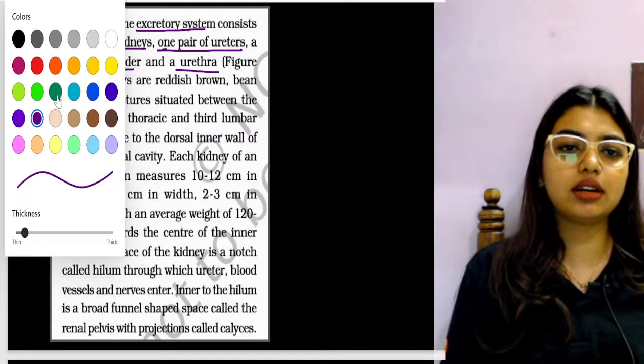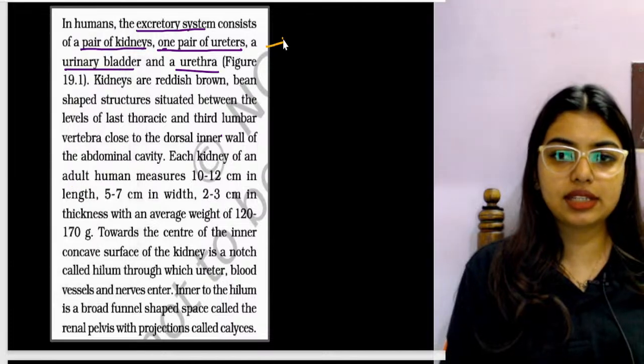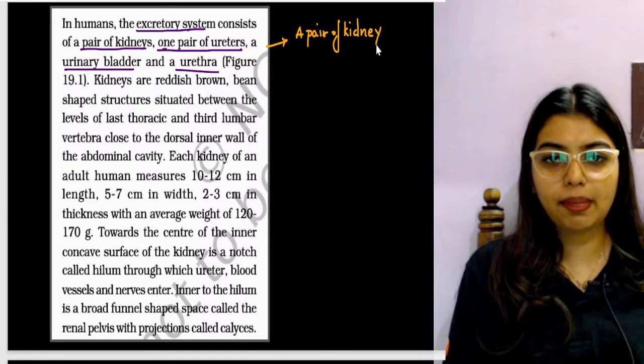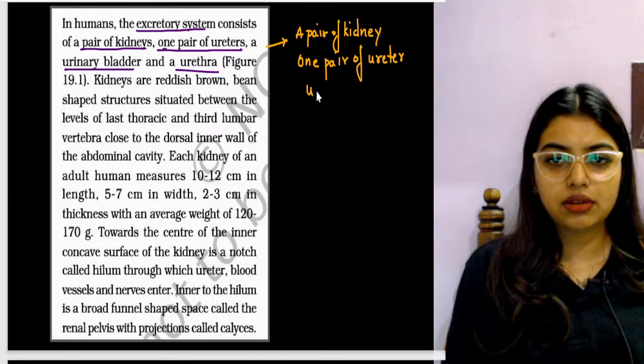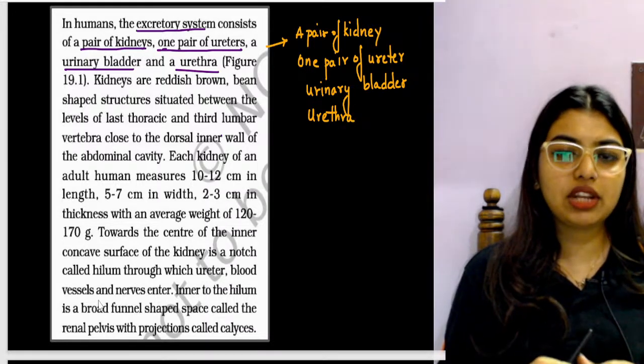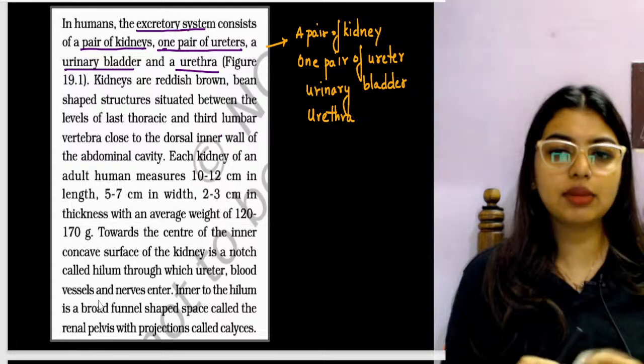So our human excretory system consists of a pair of kidneys, one pair of ureters, urinary bladder, urethra.